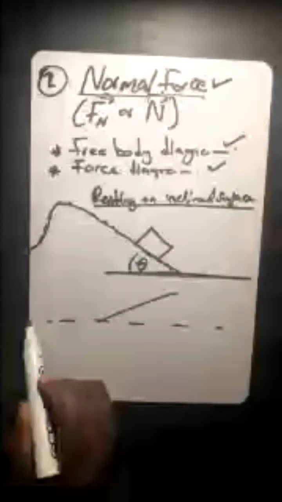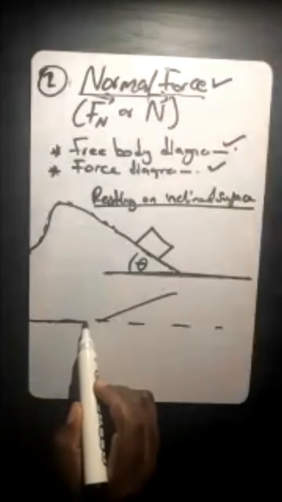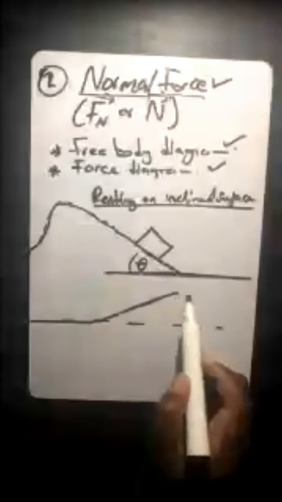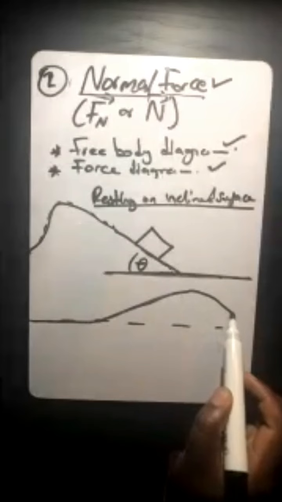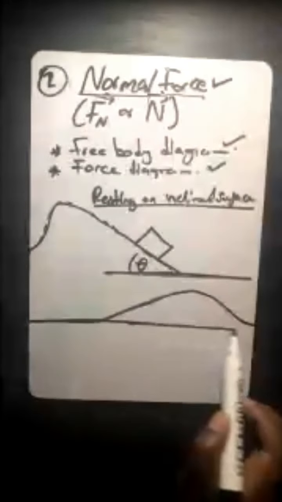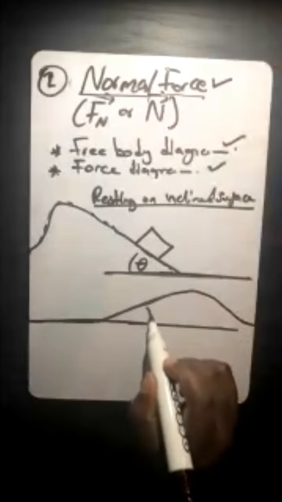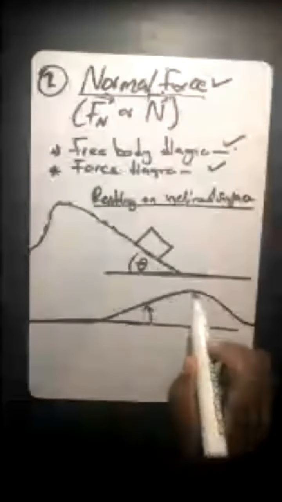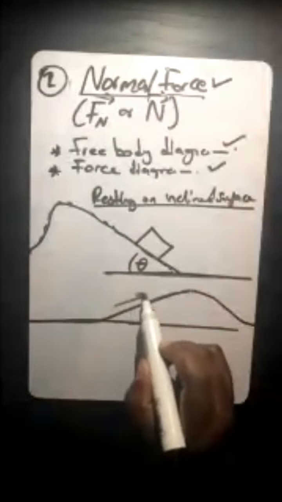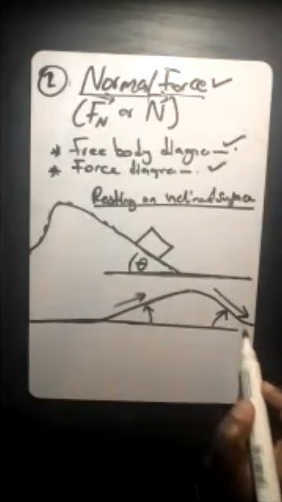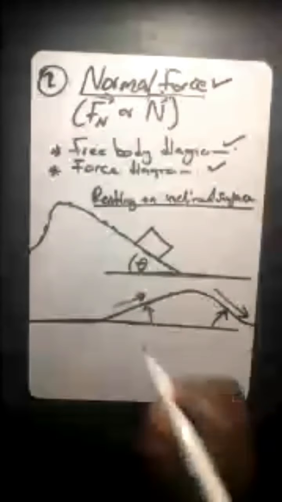So it's like this is a straight road, then there's a vertical bridge or a mountain or whatever, and then from there it does something like that. So we use this horizontal as reference to the angle formed as a result of that inclination. So this is going to be an angle of inclination, and that one is going to be an angle of declination.